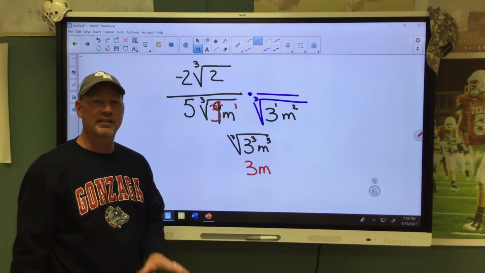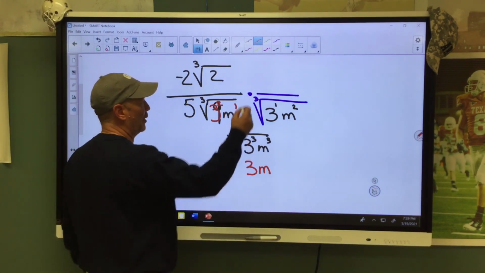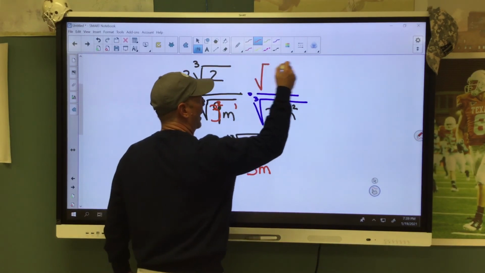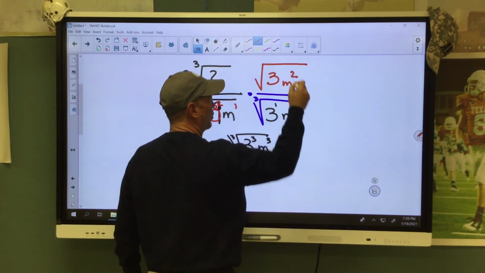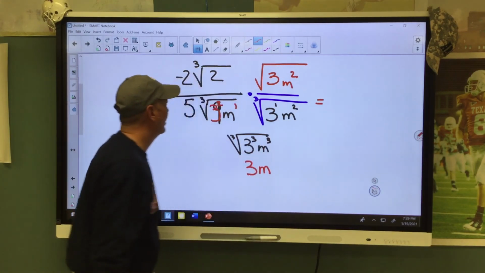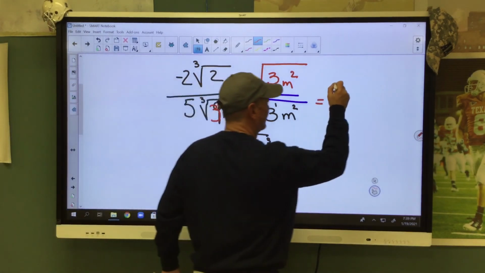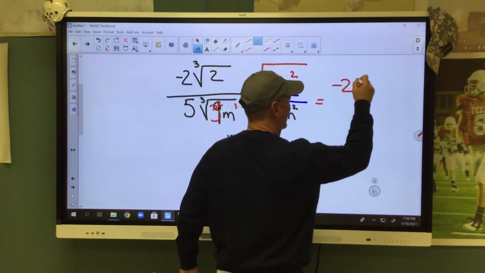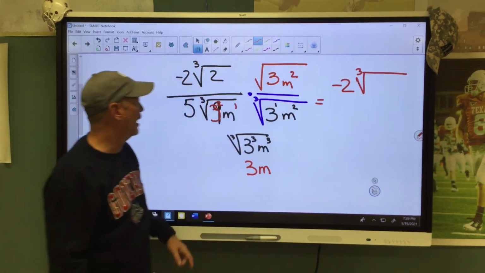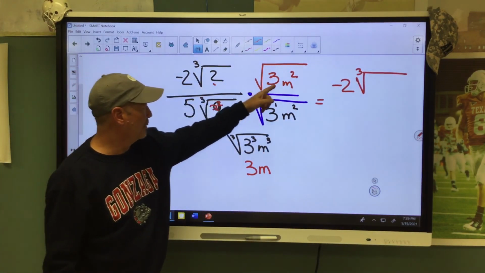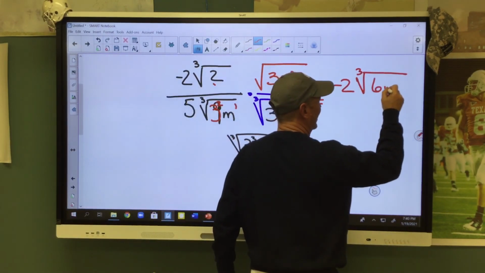Remember, whatever we decide to do to the bottom, we have to do to the top. So I'm going to have to multiply the top of my fraction times 3m squared. Negative 2 is on the outside. On the inside, 2 times 3m squared will give me 6m squared.